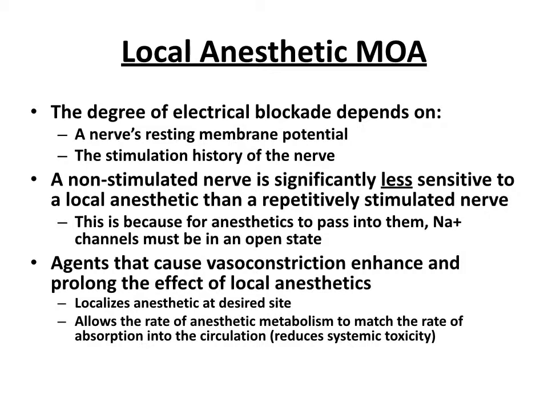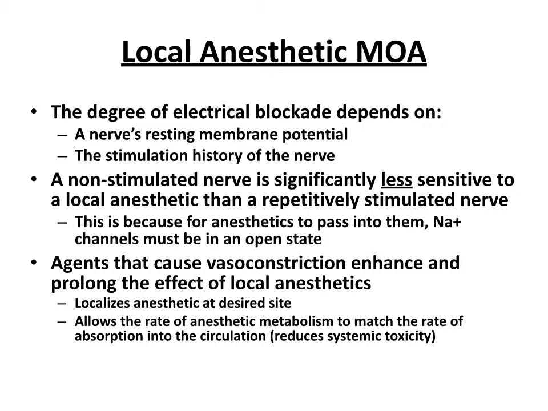The local anesthetics get into those sodium channels and block their activity. So a non-stimulated nerve is going to be less sensitive to a local anesthetic as compared to a repeatedly firing nerve.